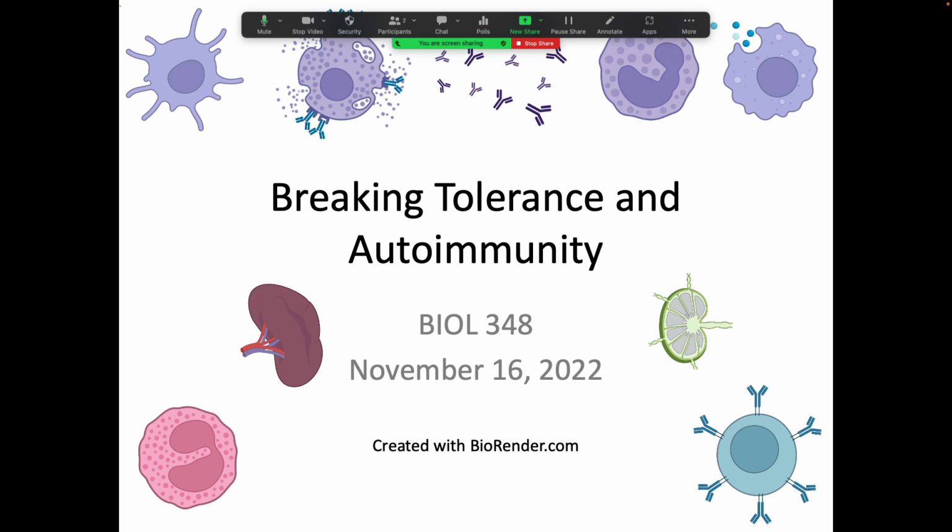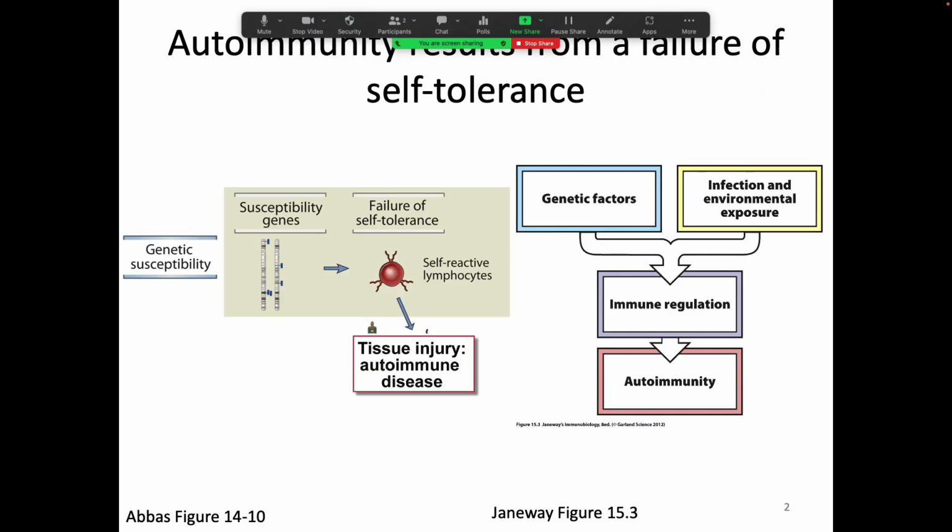Okay. So as I said, the specifics of the tolerance failure really could be failures of any of the aspects of tolerance that we mentioned last time. And it's a pretty good list. There's a bunch of mechanisms of tolerance that we can come up with.